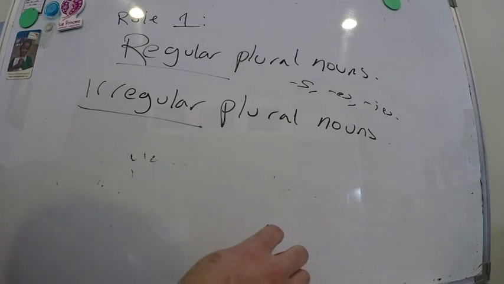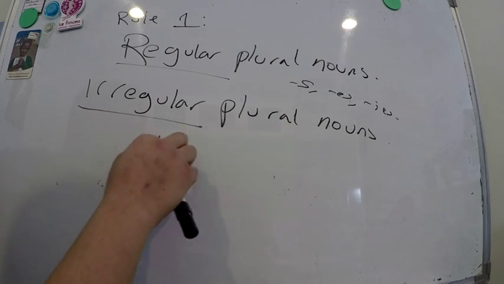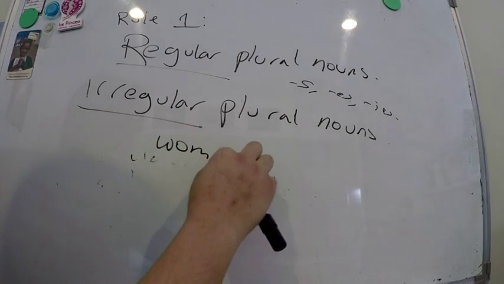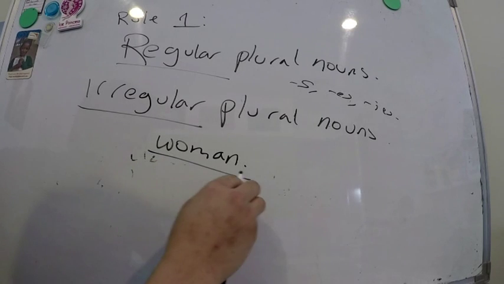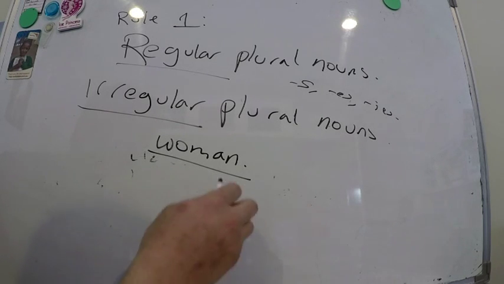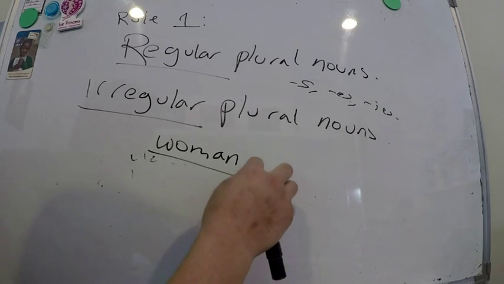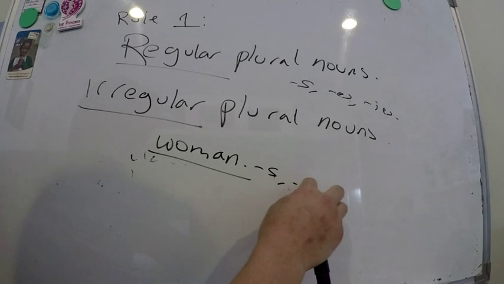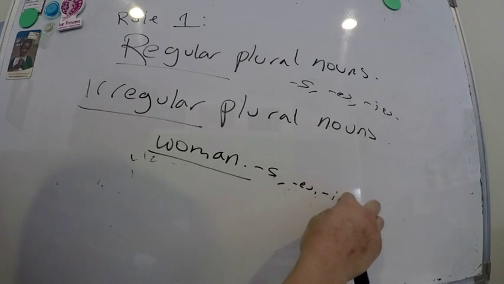So I'll give you the example of woman. This is the singular form of the noun woman. It denotes only one woman. However, if I want to make this a plural noun, I can't just add an S, ES, or IES.